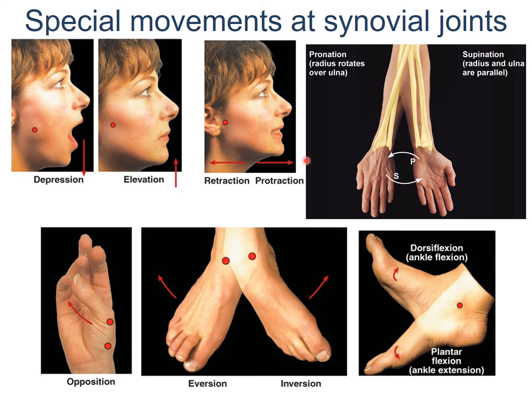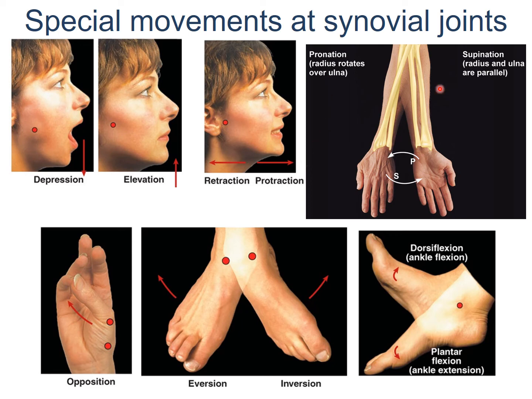I usually do this with my arms. I stand and send my arms forward in an anterior direction. That's a protraction. If I have my arms beside me and I send them backwards in a posterior direction, that is a retraction. So again, two terms that are the exact opposite of each other.